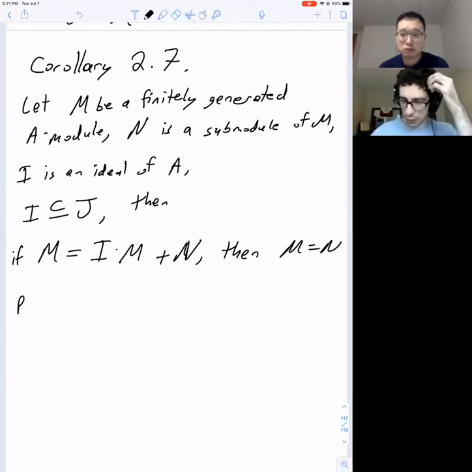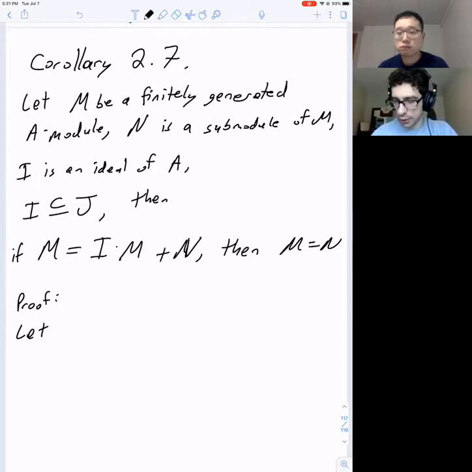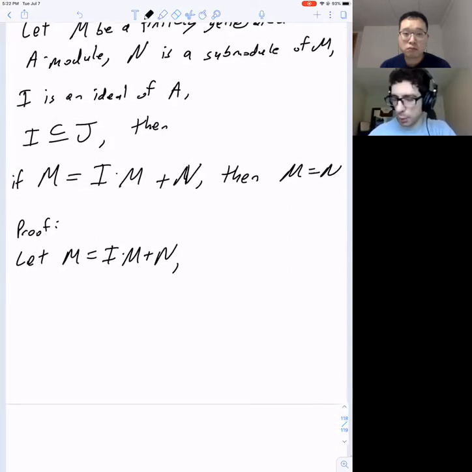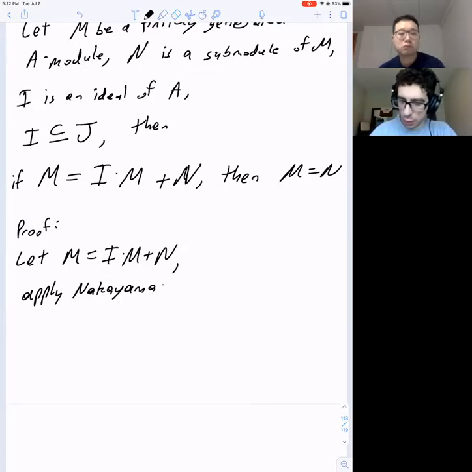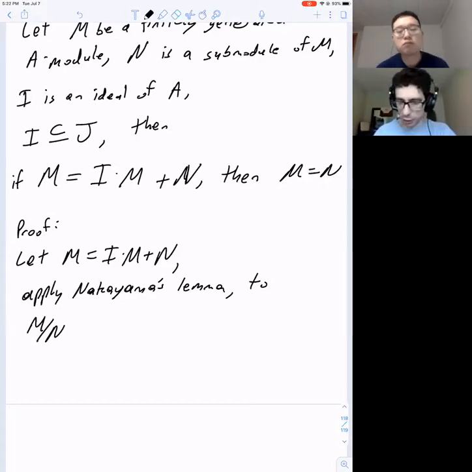So how do we prove this? Let all of these objects be defined like in the hypothesis. So if M equals IM plus N, let's apply Nakayama's lemma, not to M or A, but to M mod N, which is an A-module also.